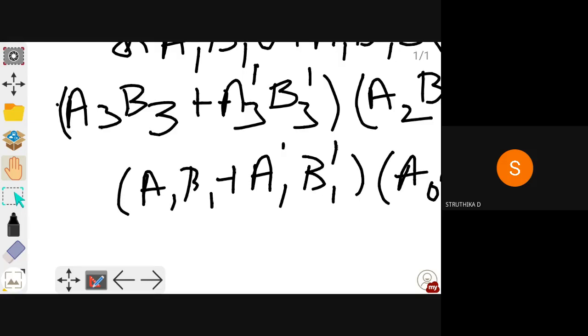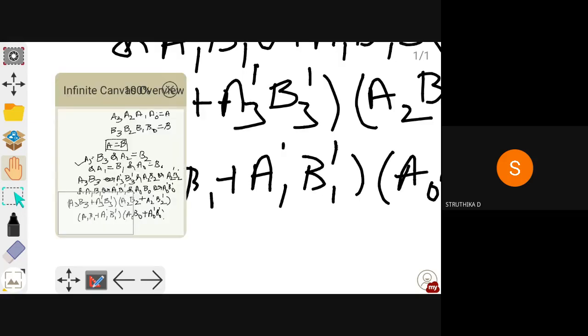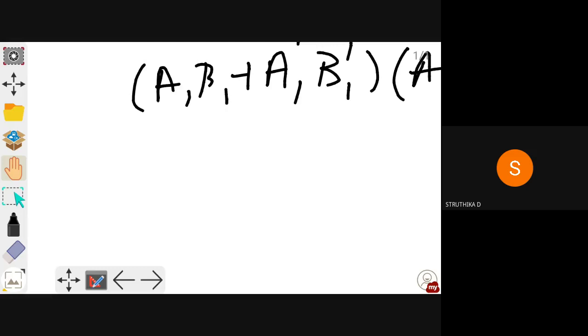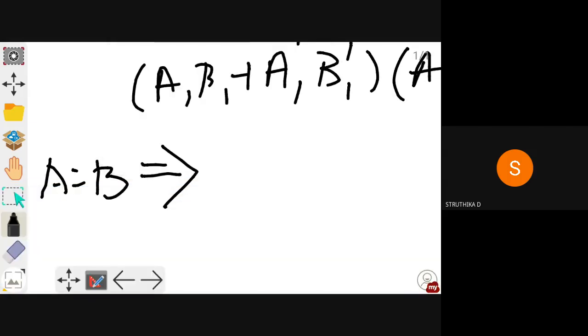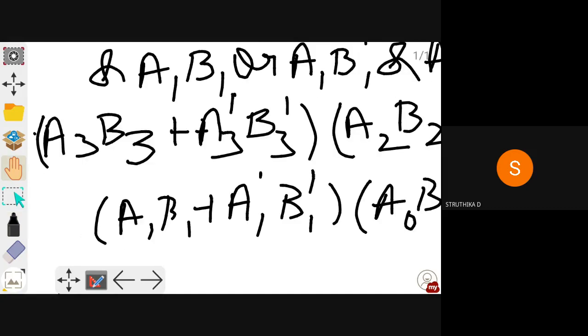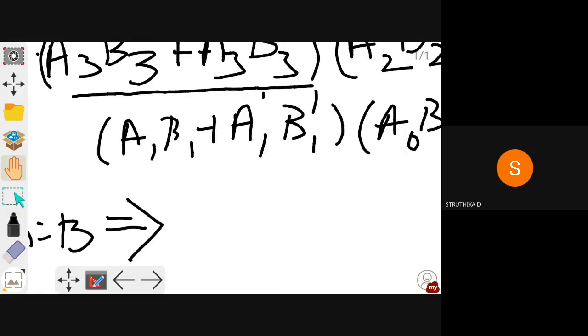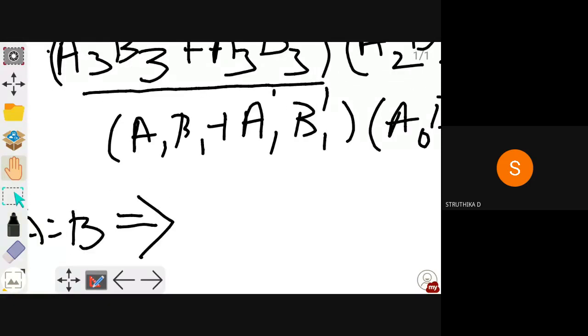Since this is very big, I am replacing it. That is, for a is equal to b, I am replacing the condition as follows: a3 b3 plus a3 dash b3 dash, I am replacing it with some variable, that is x3.